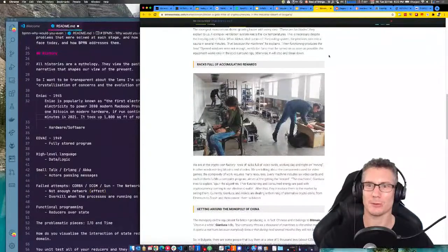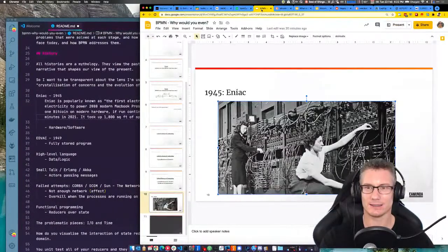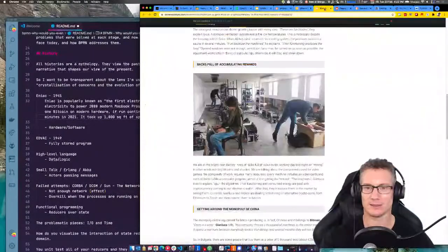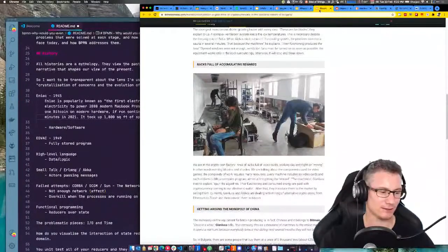Let's compare that with the picture of the ENIAC. ENIAC. Bitcoin mining farm. So some things, interesting.